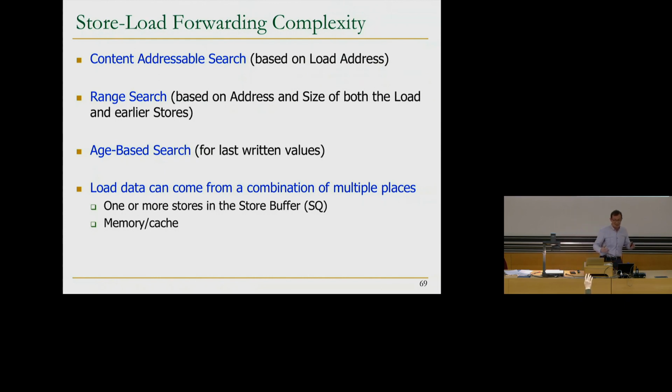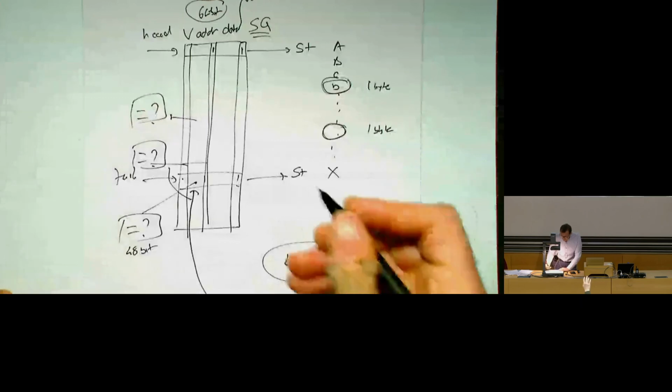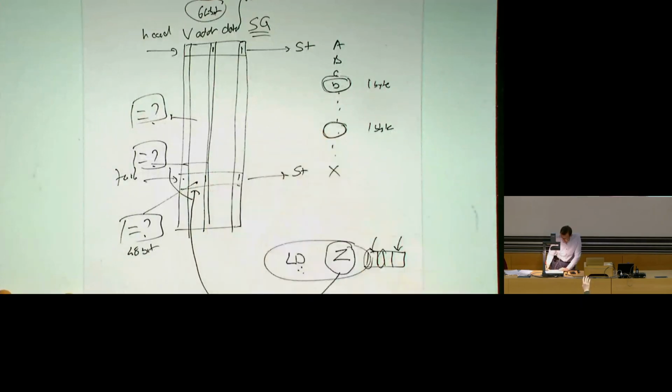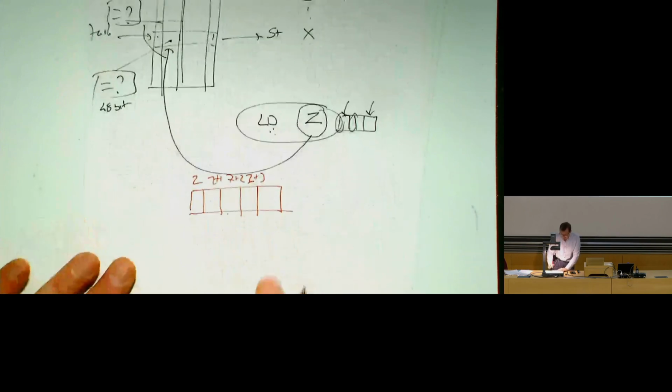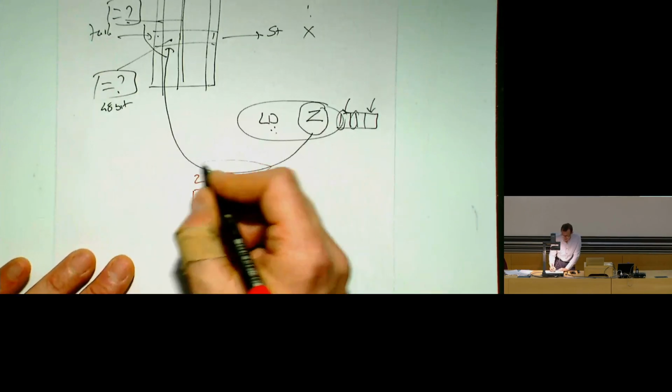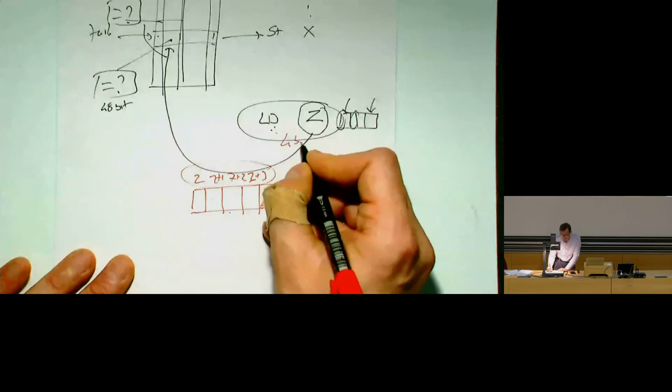Now, on top of this, load data can, let me go back actually over here to the DocuCam. So you need to find the latest stores. Assuming that, let's say you're loading addresses z, z+1, z+2, and z+3. Oh, you cannot see it? Okay, sorry. So basically, you want to access addresses z, z+1 because it's a 4-byte load.